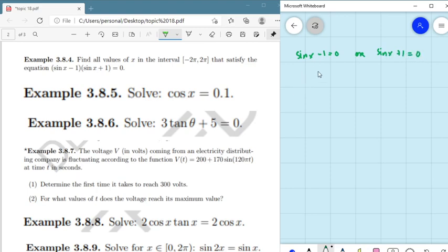So from here, sine x equals 1 or sine x equals negative 1. So where is sine x equals 1? Sine is 1 at pi over 2.